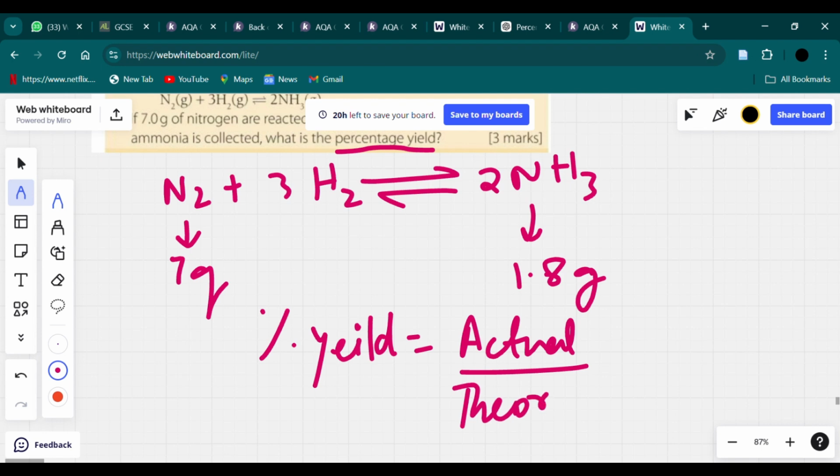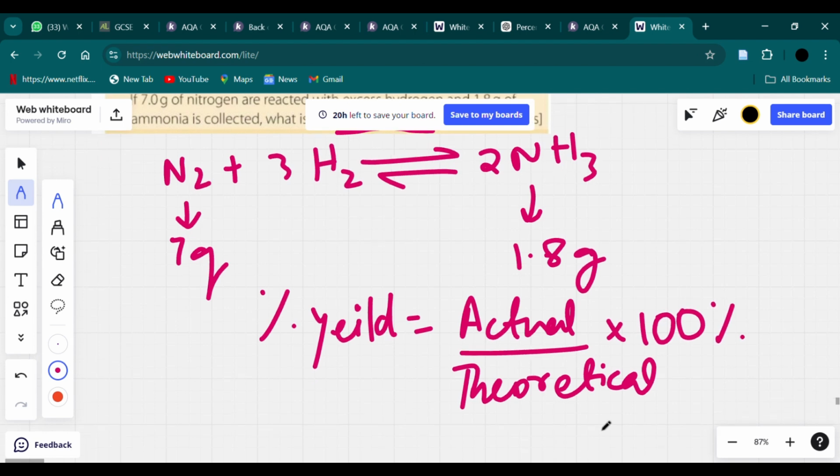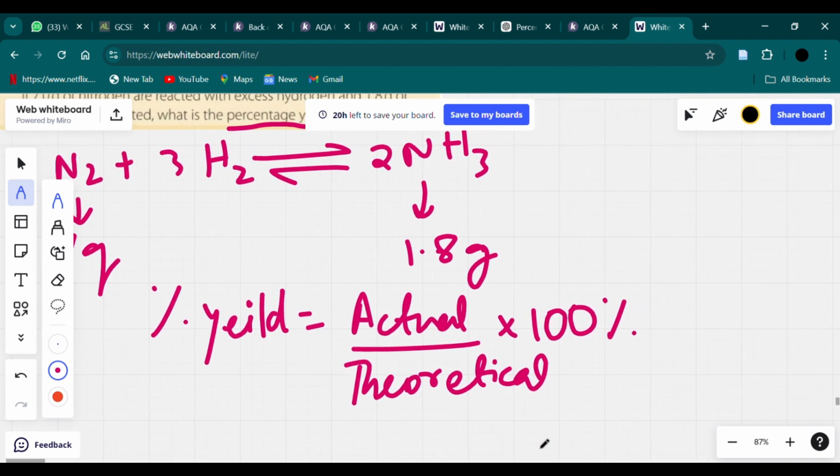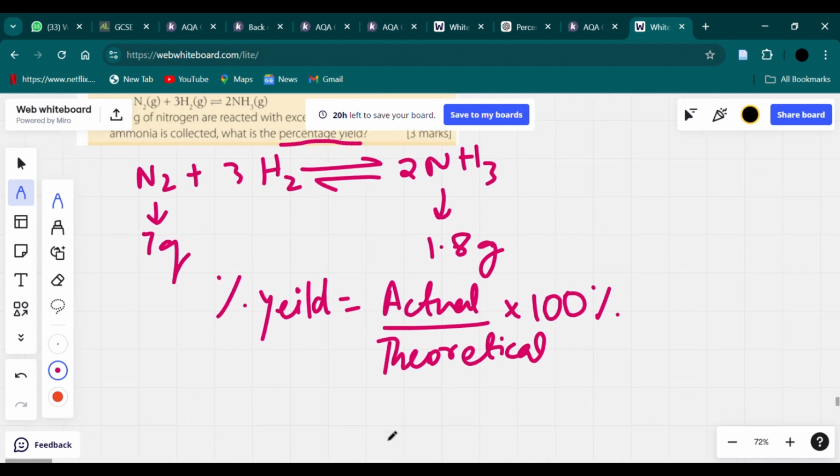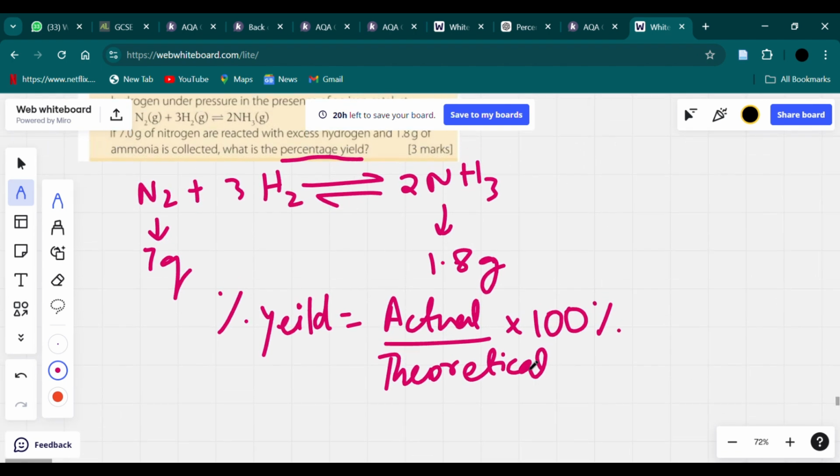Actual yield is the yield that is produced after the series of experiments and the chemical reaction in the industry, whereas the theoretical yield is the calculated or predicted amount of the product, calculated through the balanced chemical equation. Here 1.8 gram is the actual yield that has been given in the question.